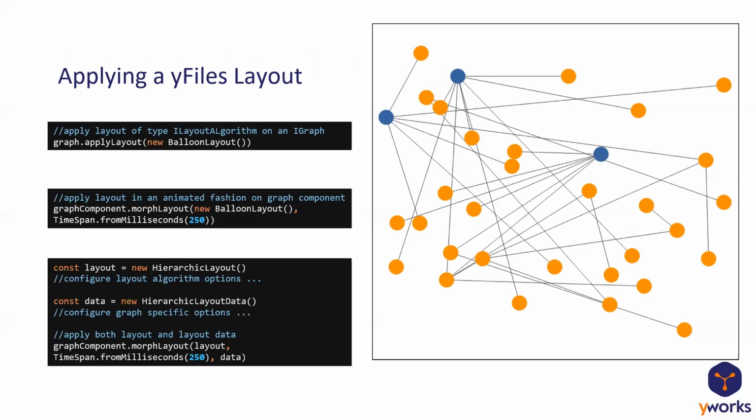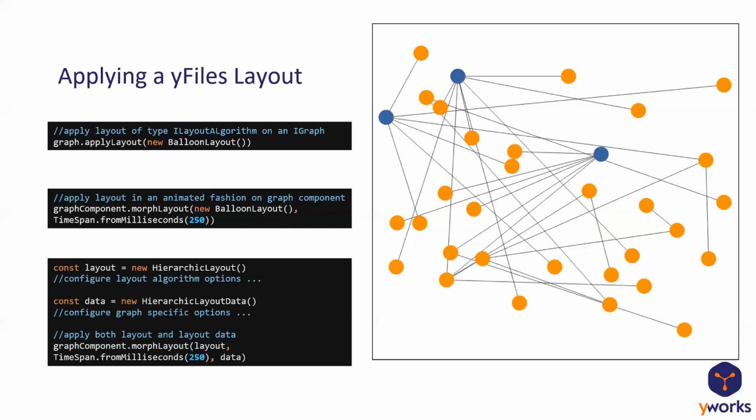Generally speaking, we have several basic possibilities in yFiles to apply a layout. What I need to mention at first is that all the layout algorithms we have implement an interface called ILayoutAlgorithm.